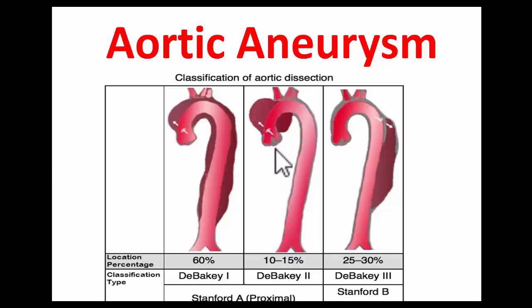It can be easily treated with a Dacron graft by resecting the aneurysmal segment and replacing it with the Dacron graft. The intermediate one is the descending thoracic aorta, where there is a tear in the thoracic aorta and there is leak of blood into the false lumen.